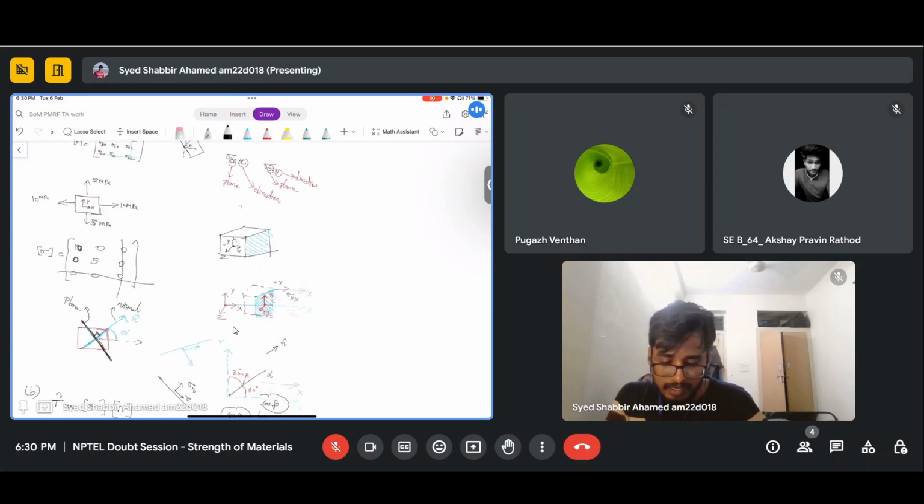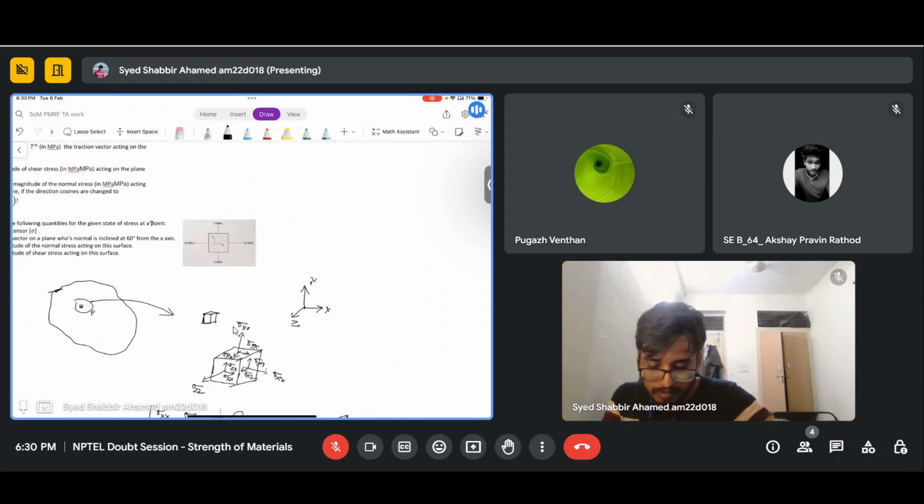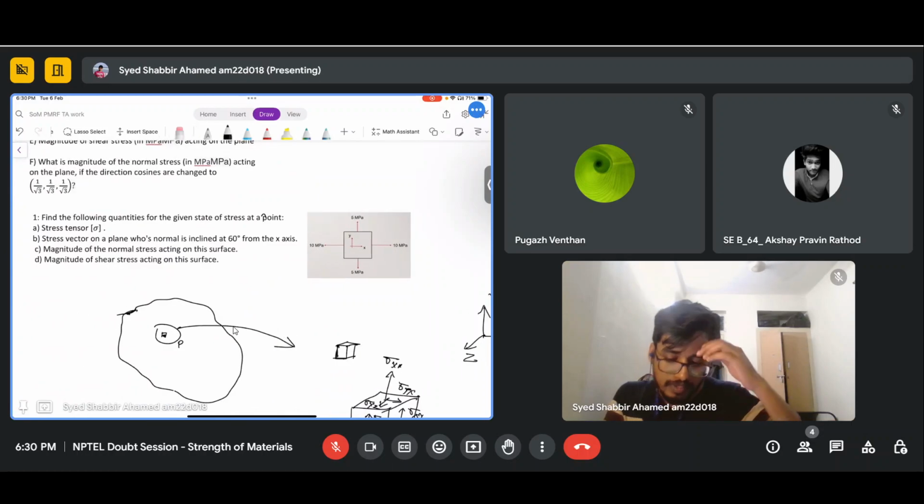So again, I'll just summarize. This is the problem which we are solving. First we have to find out the stress tensor for this diagram which is given.